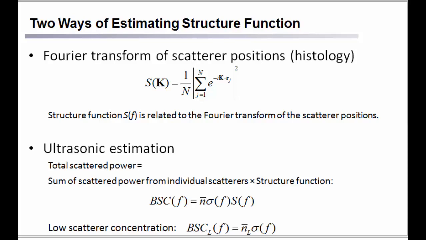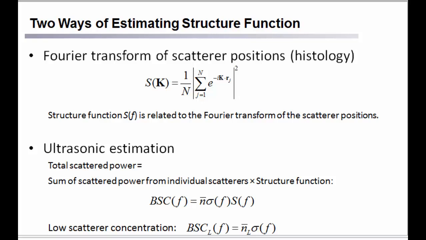The second estimation is ultrasonic estimation. According to the total power is the sum of individual scatterers multiplied by structure function. So we have the backscatter coefficient proportional to the number density and the structure function.